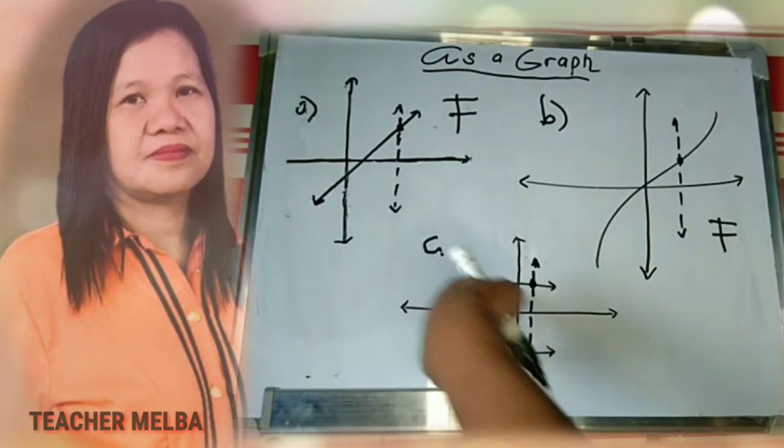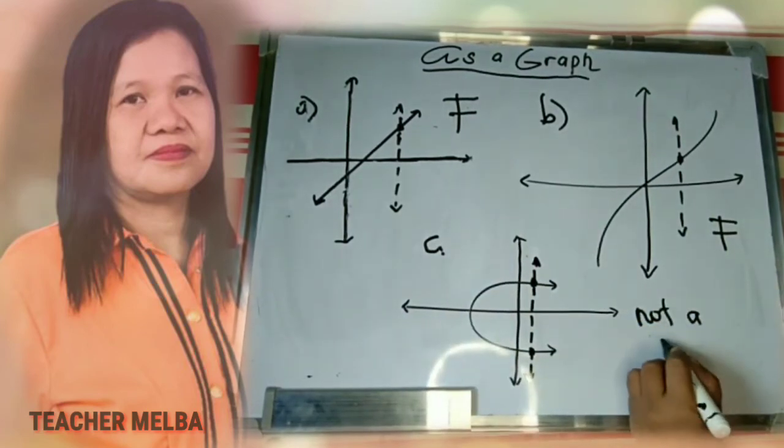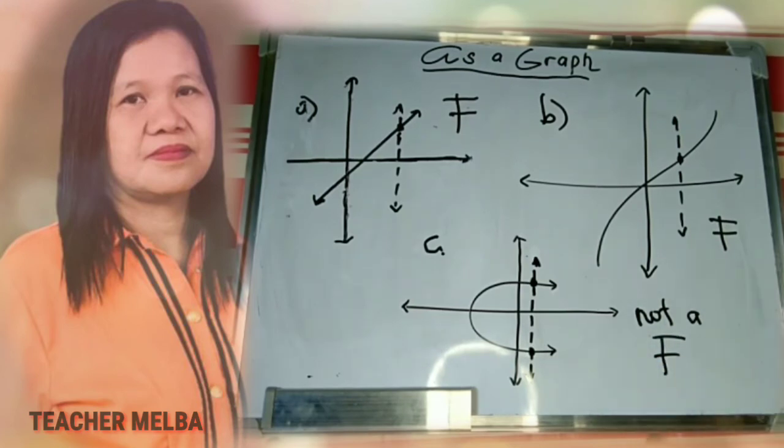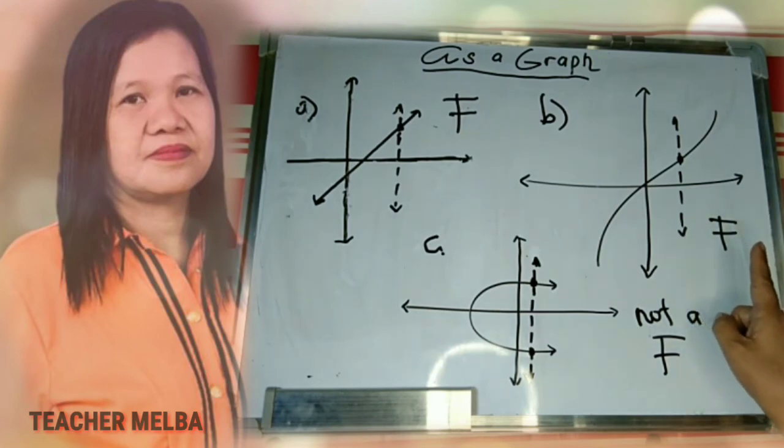So therefore, this graph is not a function. To sum up, A and B are functions and C is not a function. Remember, using the vertical line test, if the line intersects the graph at 1 point, it is a function. If it is 2 points, it is not a function.